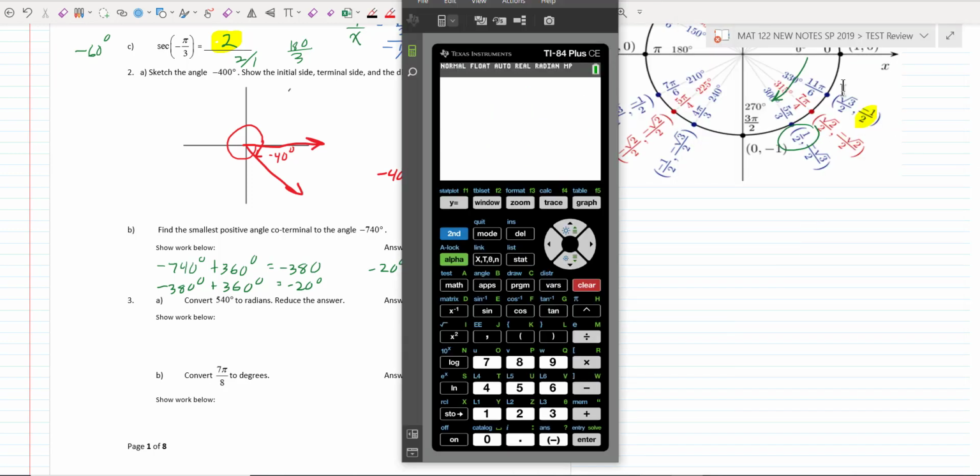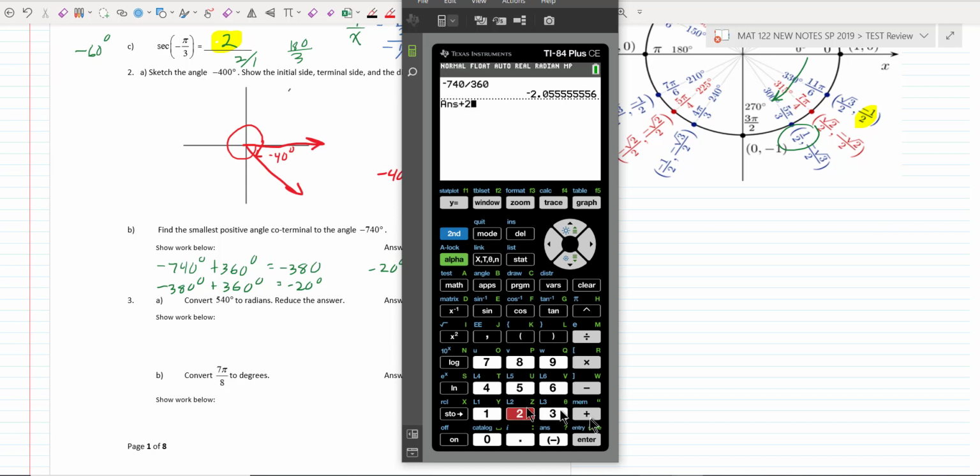I was going to show you one other way we learned how to do this now. You could do the negative 740, and you could divide that by 360. And what that's going to do is it's going to give you negative 2.05 repeating 5s. Well, that just means 2 laps clockwise and then this additional angle left over.